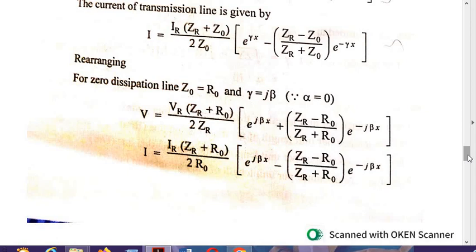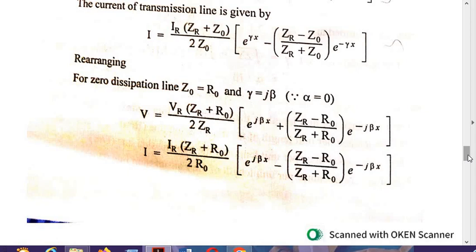Here we are going to see beta into L. Beta into L we can call the electrical length. What is the meaning of electrical length, or how do we define it? The length of the transmission line expressed in terms of wavelength is called the electrical length.